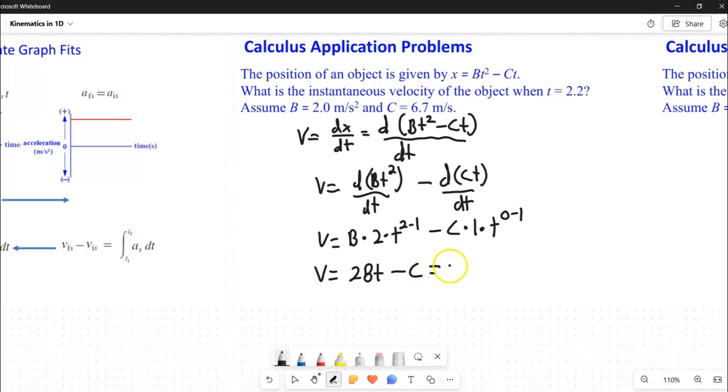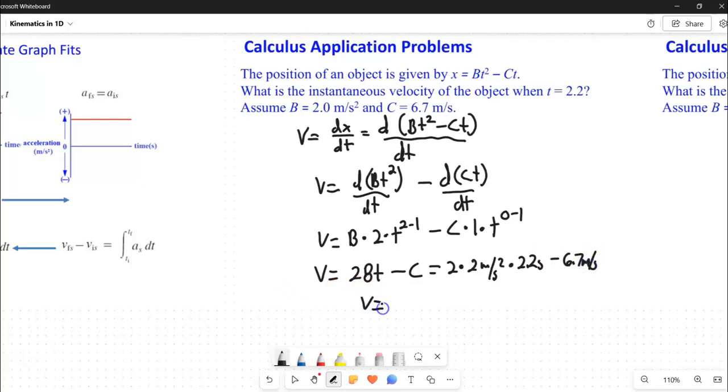All right, so now we're going to plug in our numbers. B, which is 2 meters per second squared, times the time, which is 2.2 seconds, minus c, which is 6.7 meters per second.